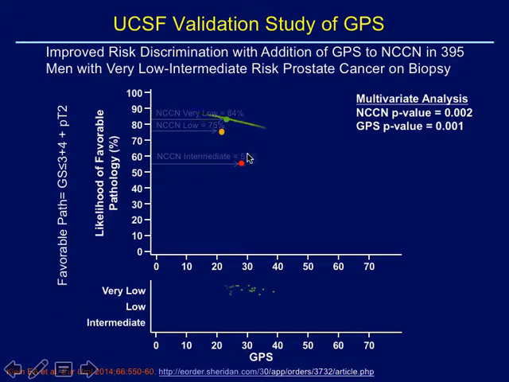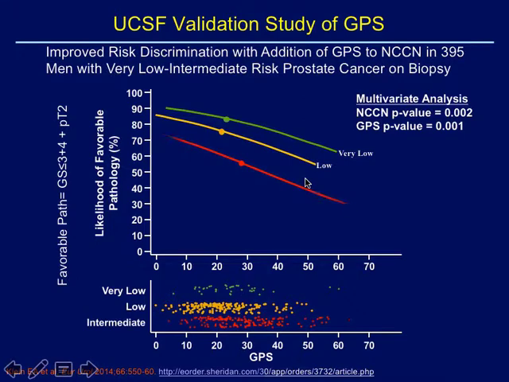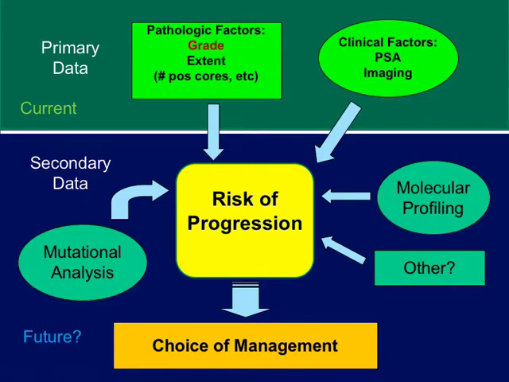And if you add in their gene expression profile, the GPS score, you can better stratify these cases, from greater than 90% likelihood to almost the same as an intermediate tumor. And you can do the same with all the other risk groups. So adding this data might help us to better choose which patients are our best candidates for active surveillance. And we're going to see more and more of these come up. I mean, in the last 5 years, we've seen 5 different commercially available markers, and more are on the horizon.